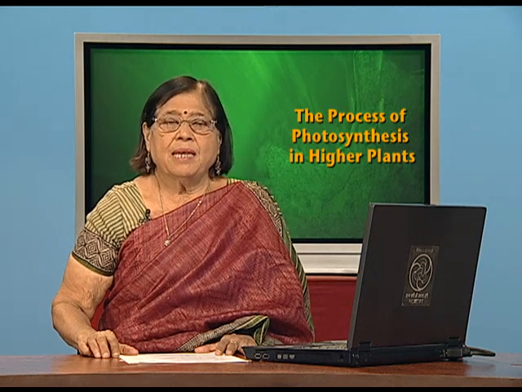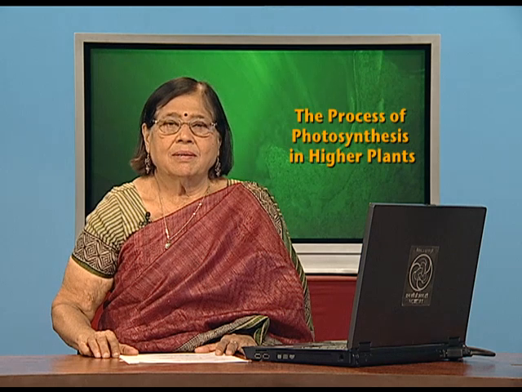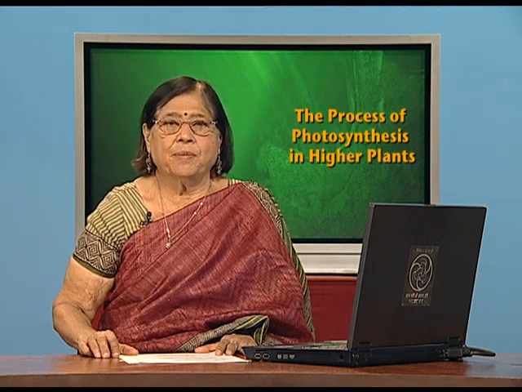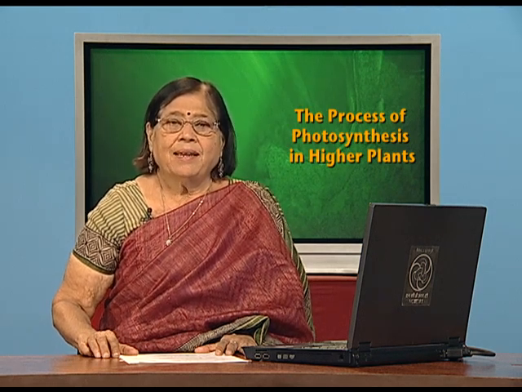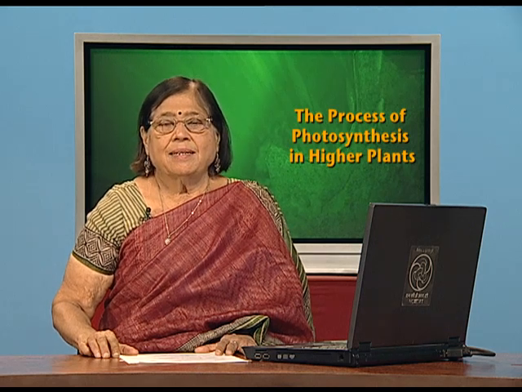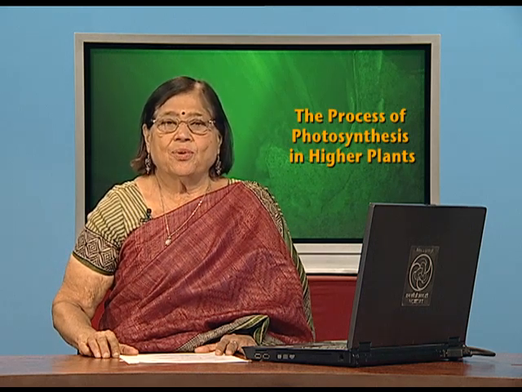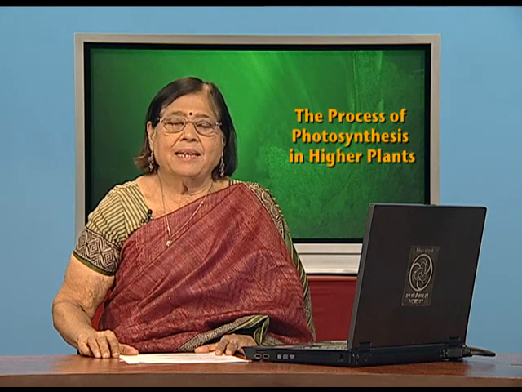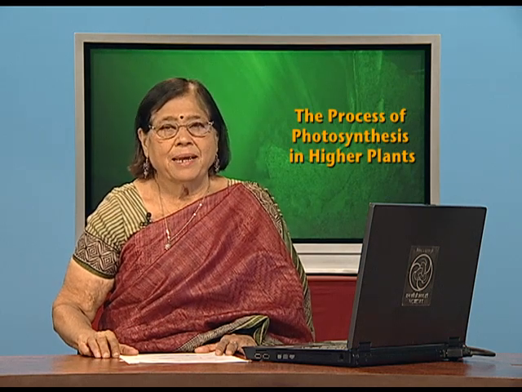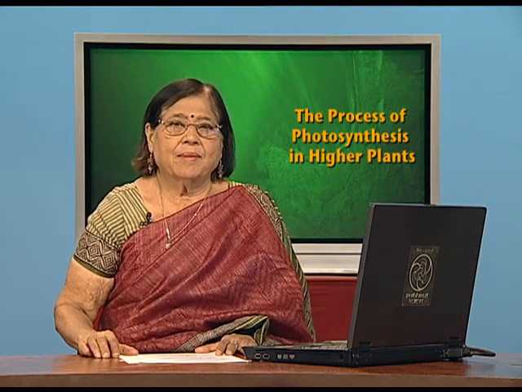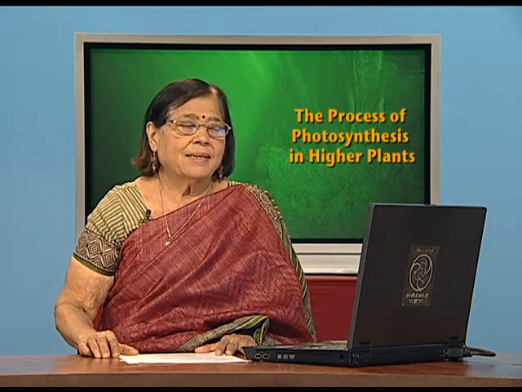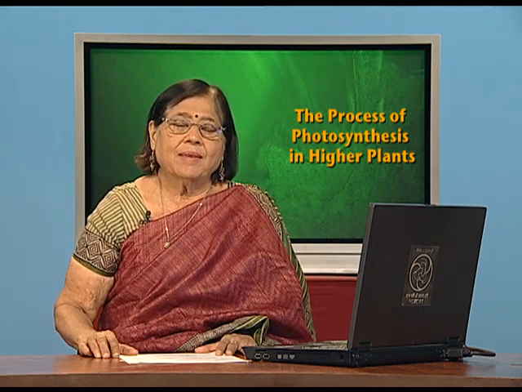Energy requirement is equal whether it is plant or any organism or human. And when energy is utilized, then this ATP is converted to ADP, and again it is converted to ATP by chemical reactions. So, first step is light absorption.